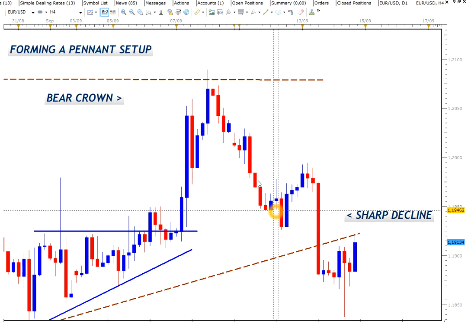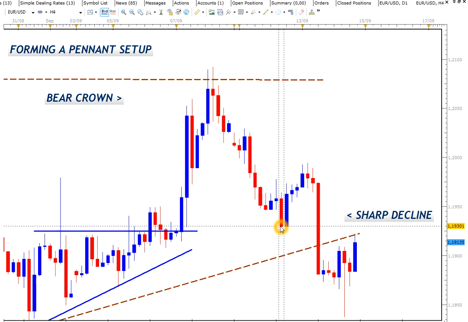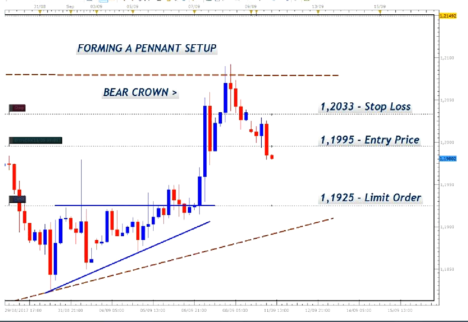So how would you have taken advantage of this projection? Now, depending on your trading strategy, if you're a scalper, day trader, or overnight trader, you would have been able to capture anywhere between 10 pips to 100 pips as part of this movement.